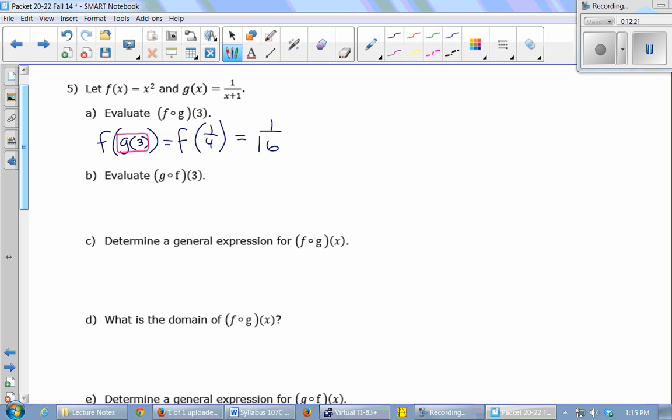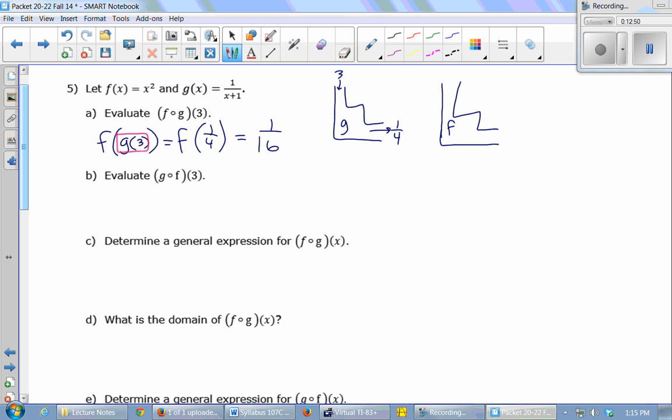Think of this as two successive machines: the G machine and then the F machine. I'm going to draw this out. Here's G and F. I put a 3 into the G machine, turn the crank, and G turns that 3 into an output of 1/4.